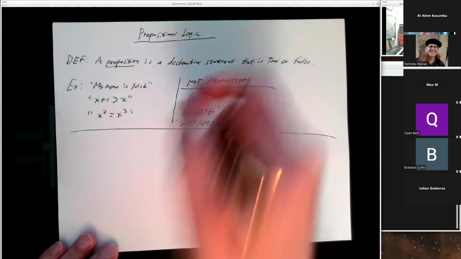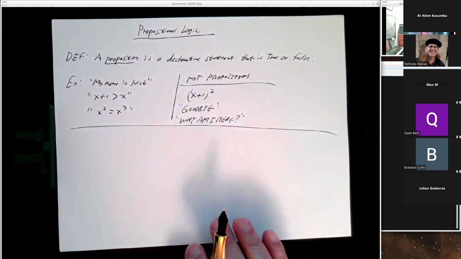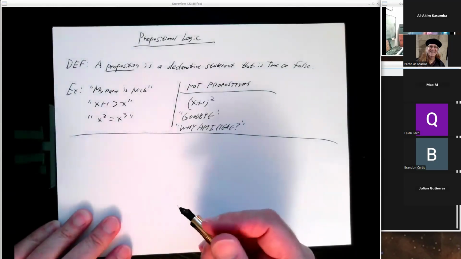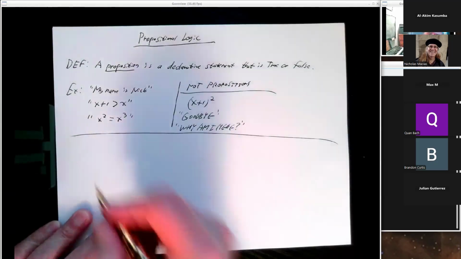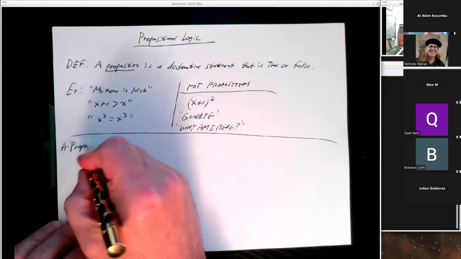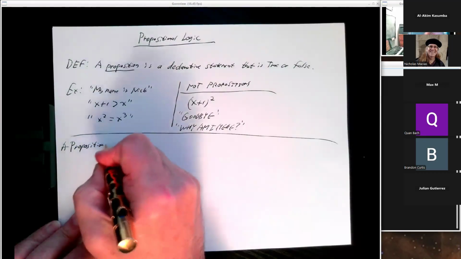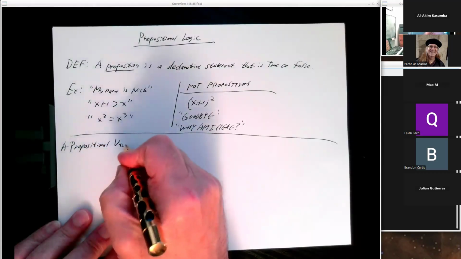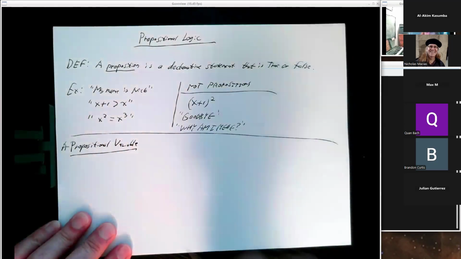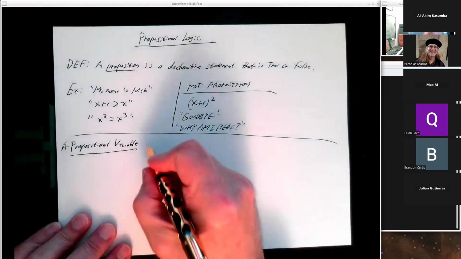So I'll come back and revisit this as we continue using propositions as we start to get into proofs and such. All right, so a propositional variable is just a letter that represents a proposition.